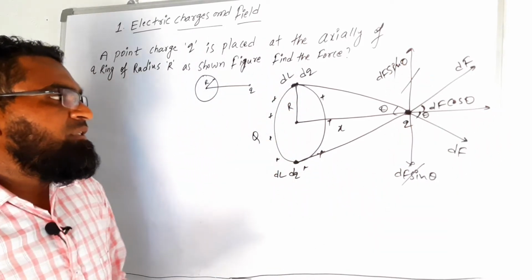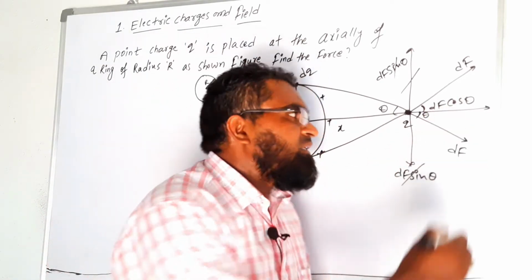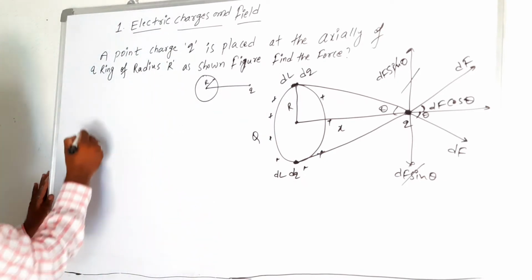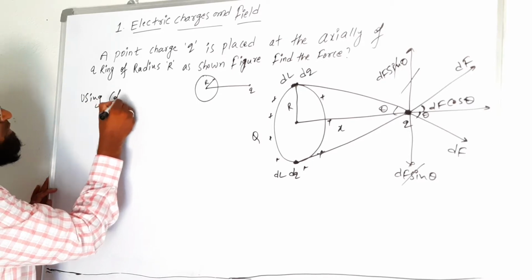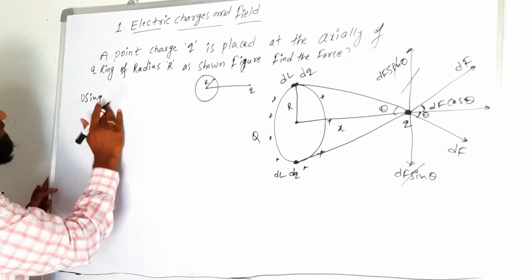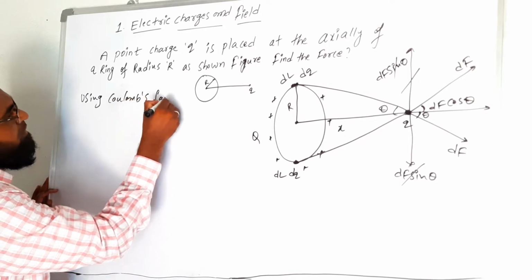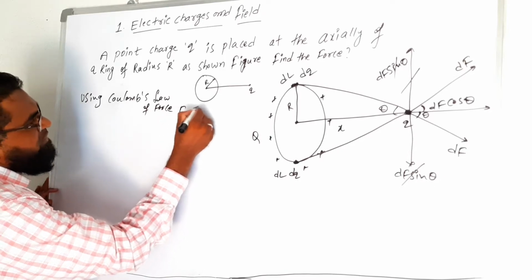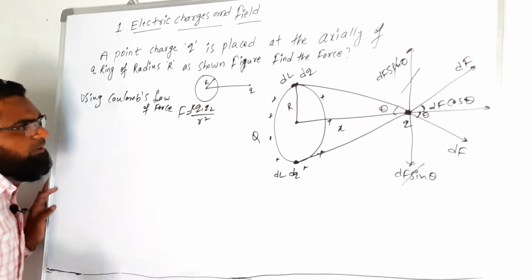So here the net force acts along the axis, and the force is dF cos theta. Remember this. Next, I am writing the small part of the force using Coulomb's law: F equals k q1 q2 by r square.